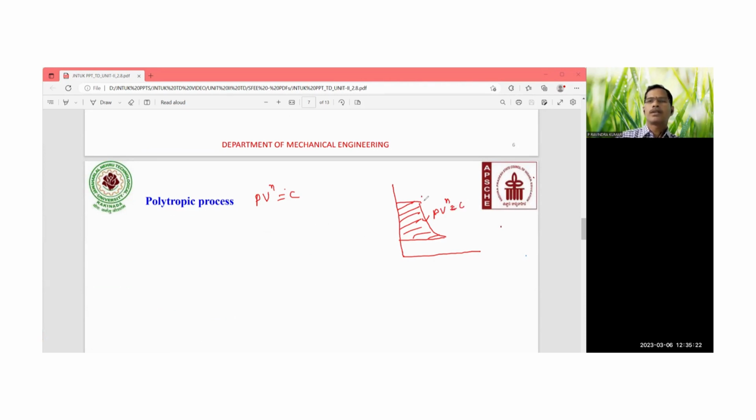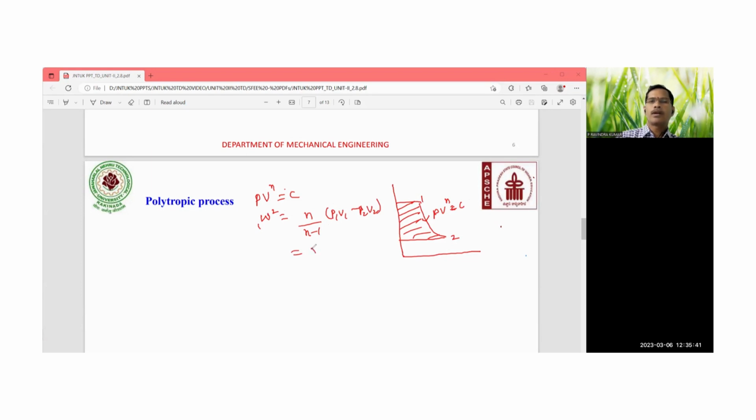Then the system changes from state 1 to state 2. Then the work transfer W1-2 you will get as n by n minus 1 (P1V1 minus P2V2).